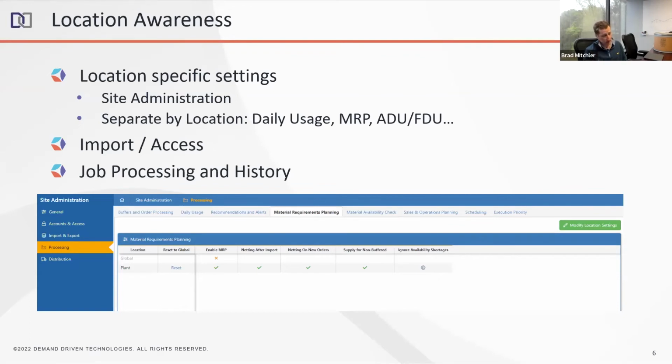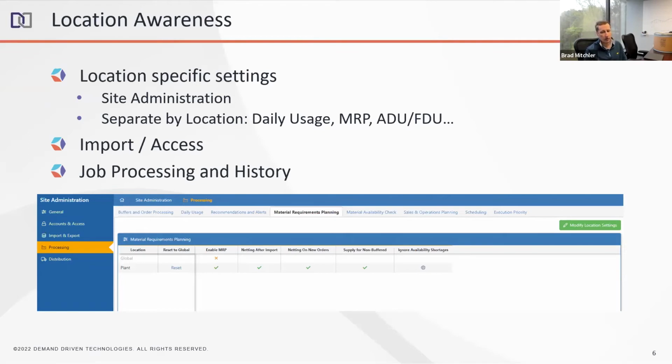Now, this is great if you've got 1 or 5 locations that are in similar regions and have similar requirements. But the reality is, in a case like Rife, what John talked about, where you've got 40, 50 plants, we have some clients now with well over 100 sites using the same instance of Intuiflow.